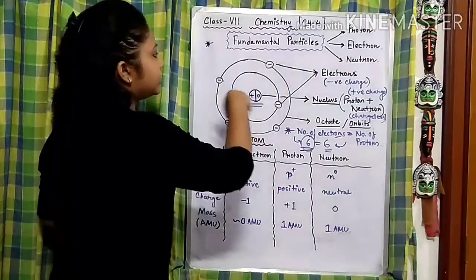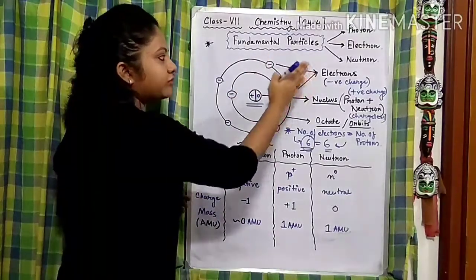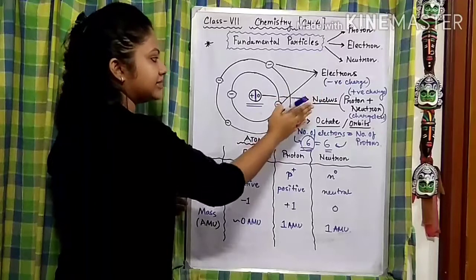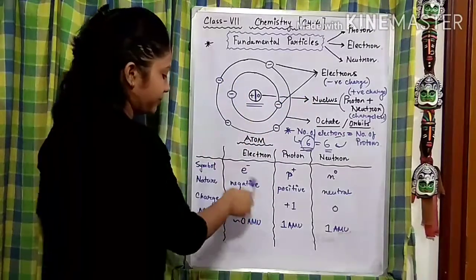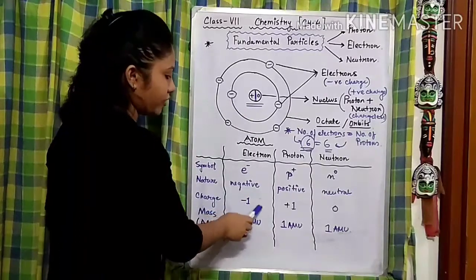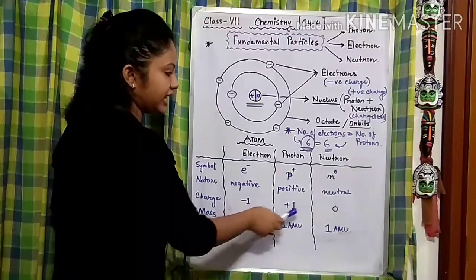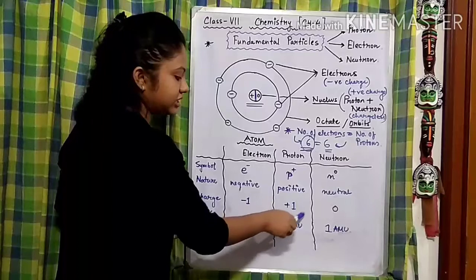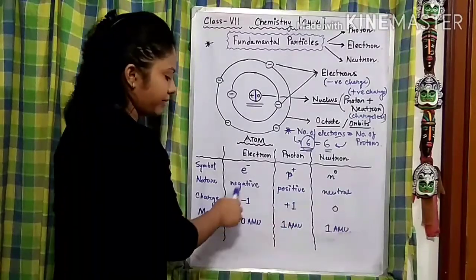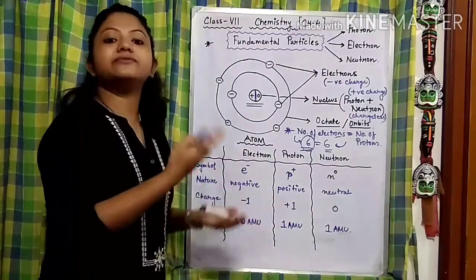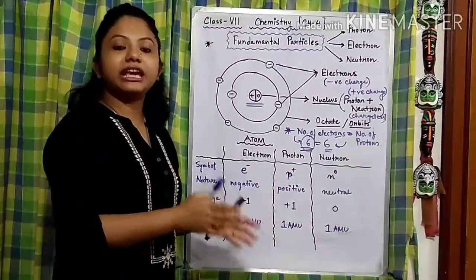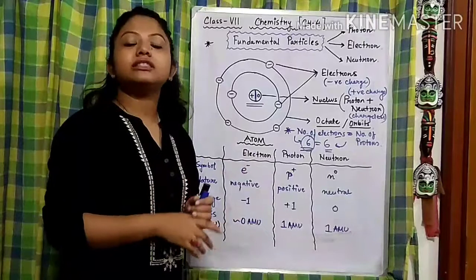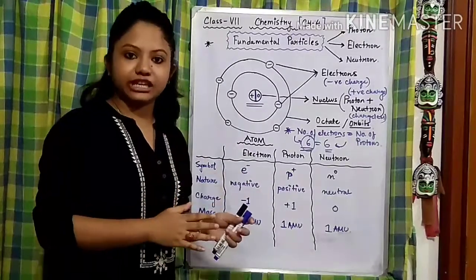Because the charge of the electron balances the charge of the proton inside. That means you can see that the charge of the electron, minus 1, is balancing the charge of the proton, that is +1. -1 + 1 gives what? 0. So this is also happening in the case of an atom. That's why atoms are chargeless in nature.